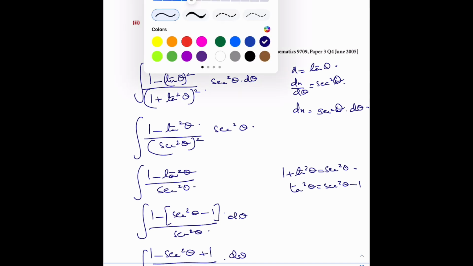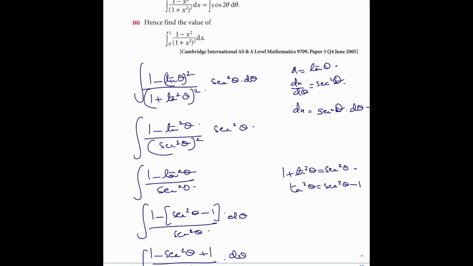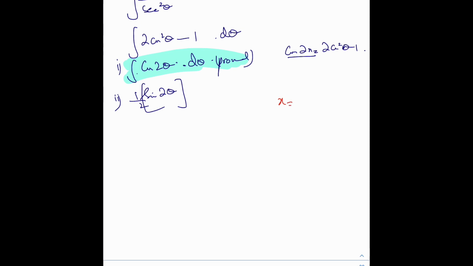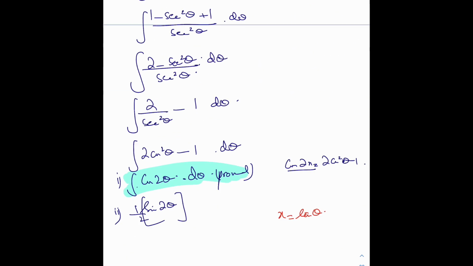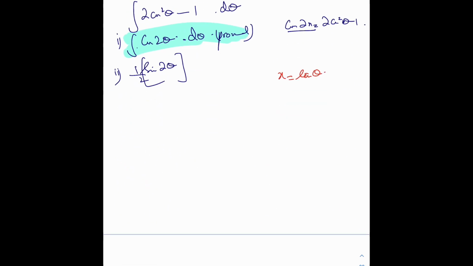They've given the boundaries for x as 1 and 0. 1 equals tan theta, so theta is going to be pi by 4, and 0 equals tan theta, so theta is going to be 0. So you can put the boundaries of pi by 4 and 0 on this.